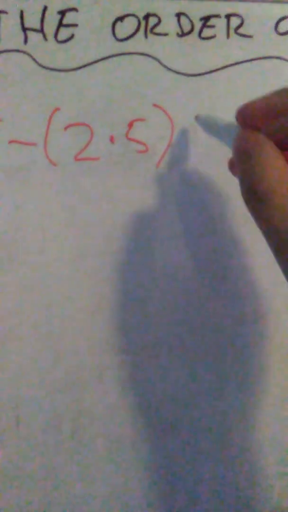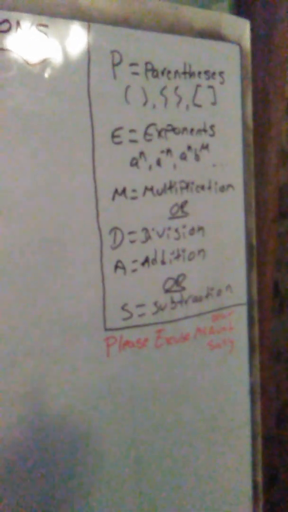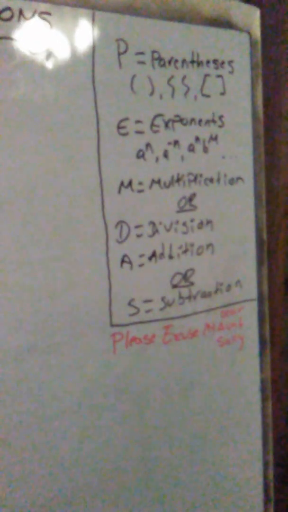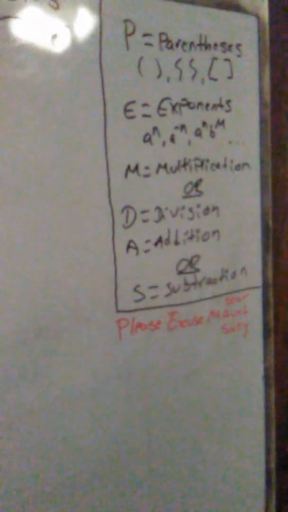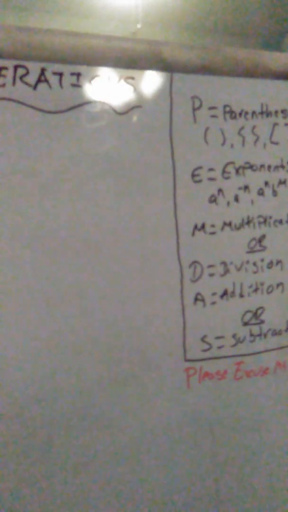So then we go back to the order of operations, PEMDAS, working left to right on the MD and the AS. So what do we do first? We ask, do we see any parentheses? And the answer is yes, I see a set of parentheses right here.